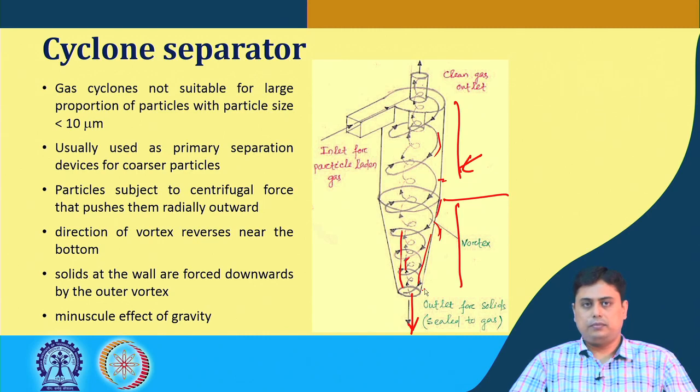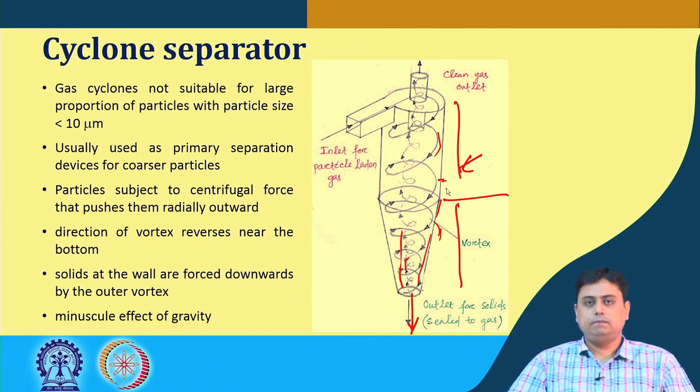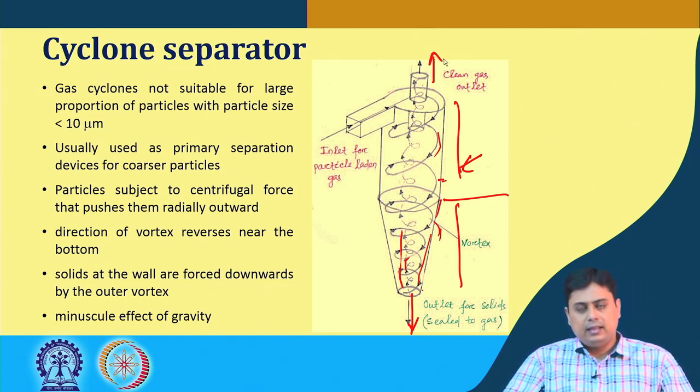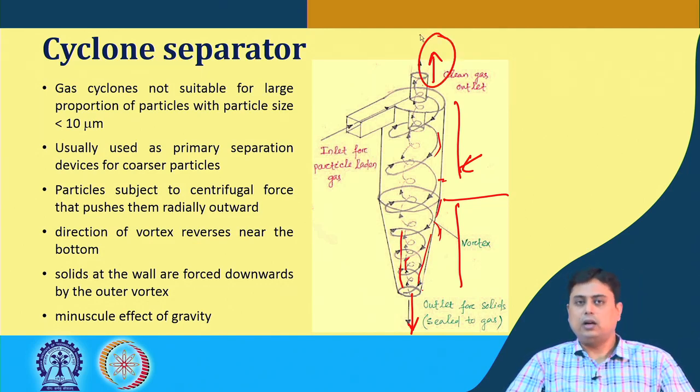So, solids at the wall are forced downward by the outer vortex. We have seen in the cyclone separator there is a very insignificant influence of gravity, and the clean gas escapes from the top, and since practically there is no 100% efficient cyclone, some finer particles escape through this clean gas outlet.